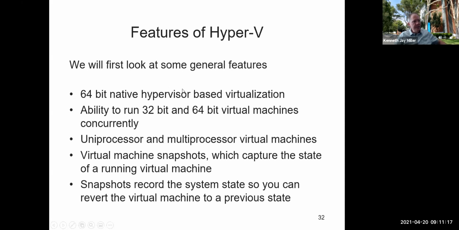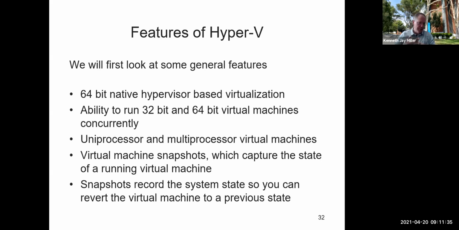All right, so let's look at some of the general features of Hyper-V. First of all, it's a 64-bit native hypervisor that's used for virtualization. You can run both 32-bit and 64-bit virtual machines.